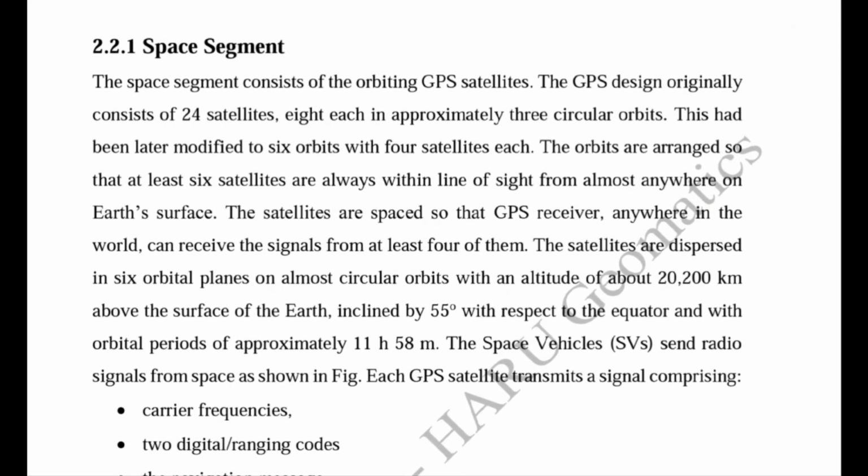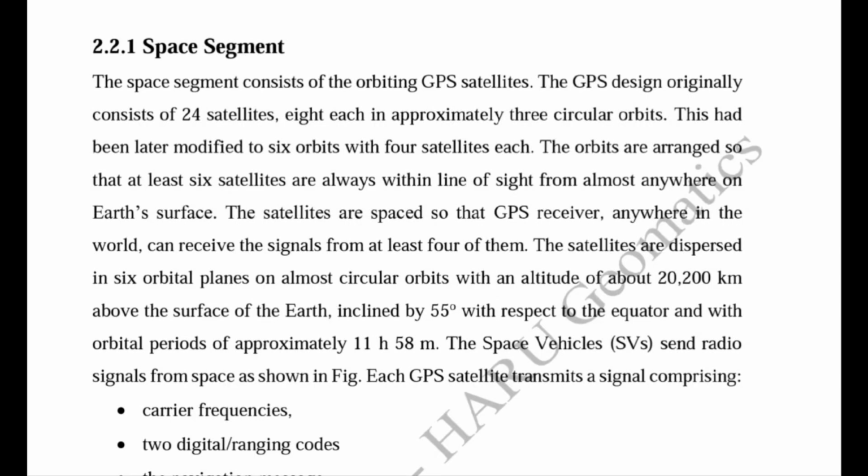First of all, we have to understand that these three components or segments are not similar for all types of GNSS, such as GPS, GLONASS, Galileo. If we compare these three GNSS examples, each has a different space segment and a different control segment, because they are developed by different countries.